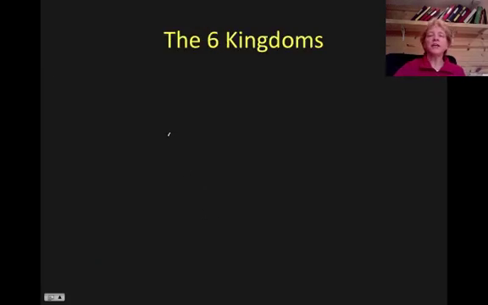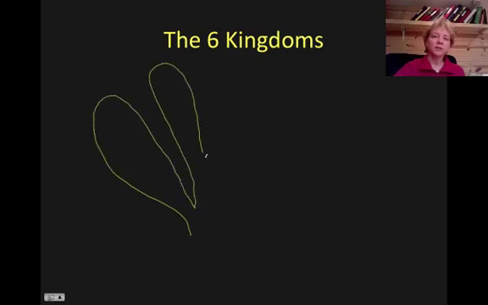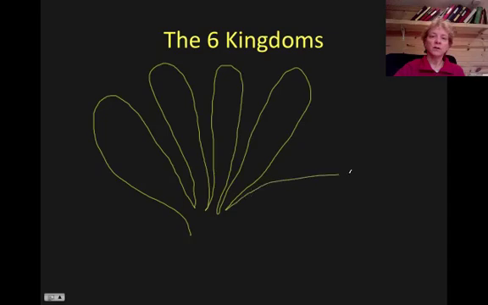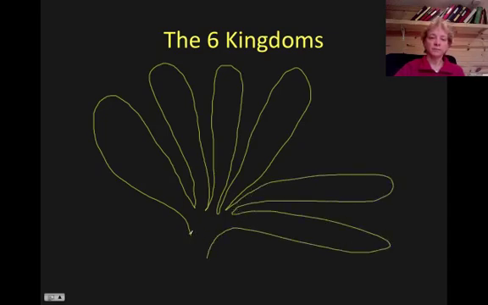Now, if we take a look at the kingdoms, we now have what's called a 6-kingdom system. Just kind of draw this here: 1, 2, 3, 4, 5, 6. And if we take a look at these two branches here, this would represent the bacterium.